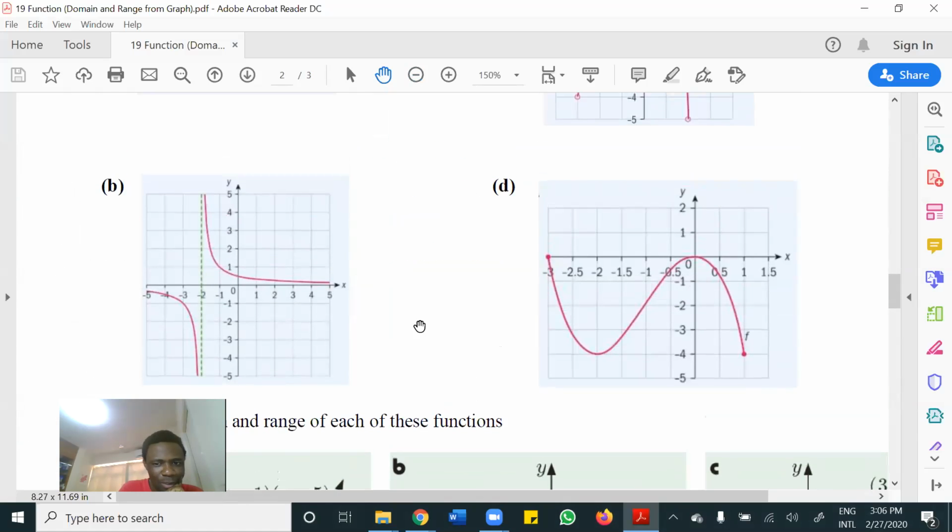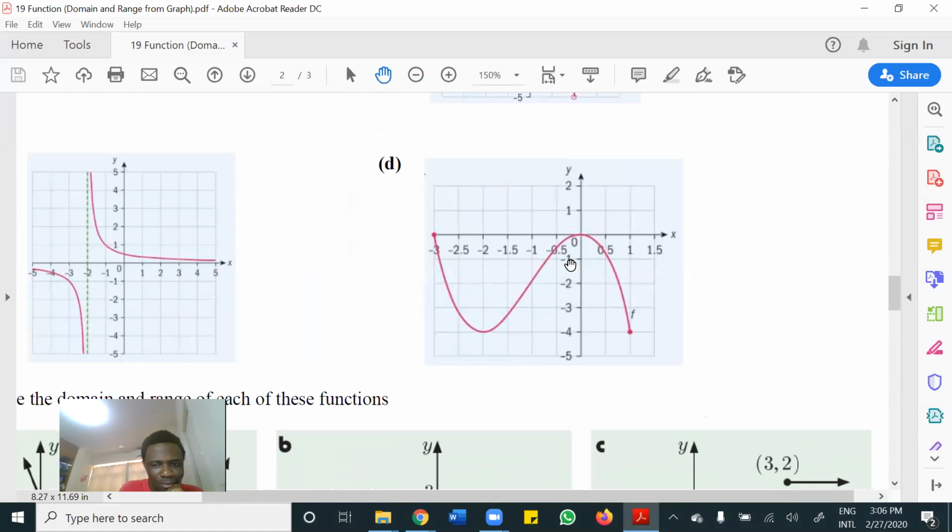All right, here we go. This one? Yeah. All right, so what do you have? The domain is the set of real values of x such that -3 is smaller or equal to x and smaller or equal to 1. Perfect.